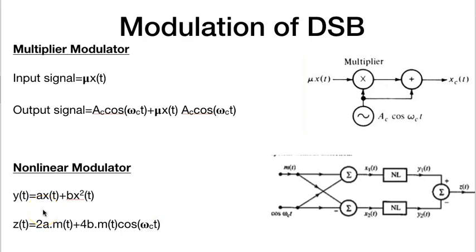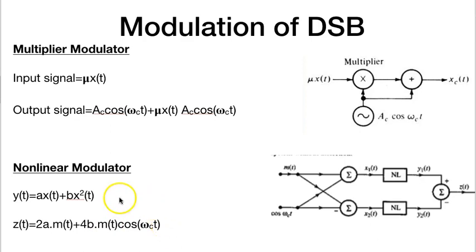In non-linear modulation, we do b into x square t, squaring a signal, and when you square a signal and pass it through a band pass filter, you will get 2a m(t) plus 4b m(t) cos omega ct.